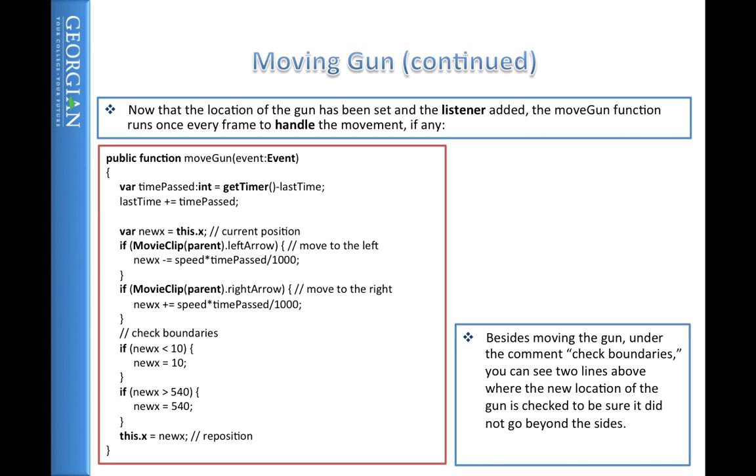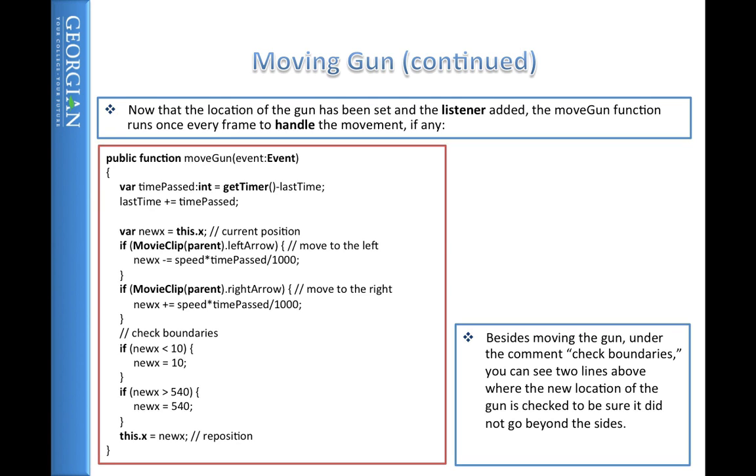And then we're going to check our boundaries. We're going to do some boundary checking, because our gun can't go off the screen. It's got to stay on the screen. So if our x is less than 10, then we're not going to let it go less than 10 pixels to the left. It's going to stay on our screen. We want the whole gun to stay on the screen, so we're not going to let it go less than 10 pixels from a positional perspective. And the same thing on the right.